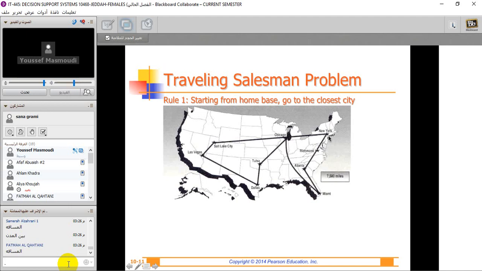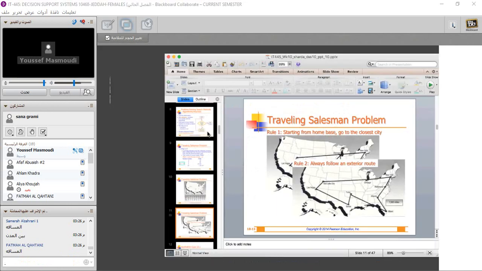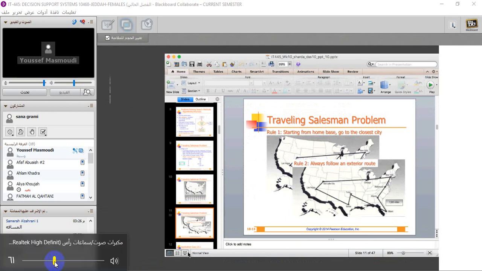How to find the best solution? Rule 1. Starting from the home base and go to the closest city. That is, he starts from New York, goes to Richmond, from Richmond to Atlanta, from Atlanta to Miami, then from Miami to Chicago, from Chicago to Tulsa, then to Dallas, then to Las Vegas, then to Salt Lake City, then to New York. That is, we started from a city and went to the nearest and then the next nearest. Okay? This is a heuristic. Do you follow me? This is a heuristic.